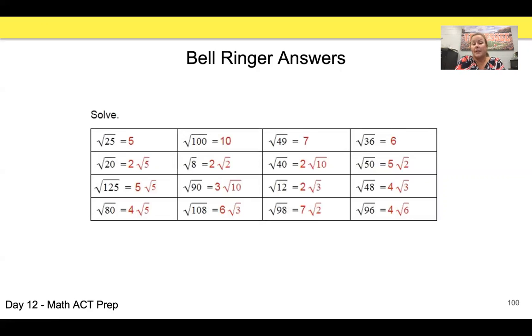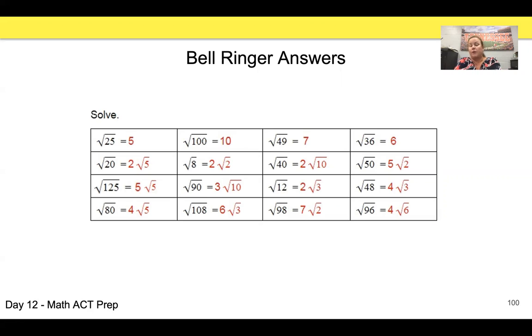So you can see here, the first row, they're all perfect squares. When you get to the next row, for the square root of 20, you can factor out a 4 and a 5. 4 is a perfect square. Square root of 4 is 2. When you get to the square root of 8, the factors are 4 and 2, and 4 is a perfect square.